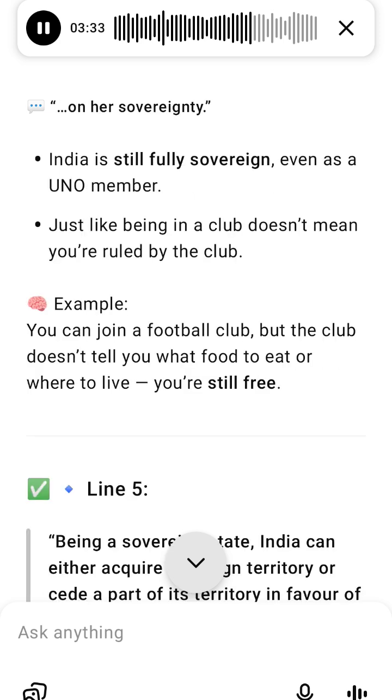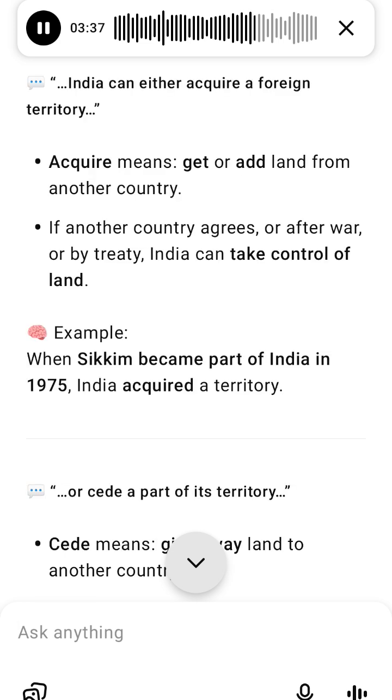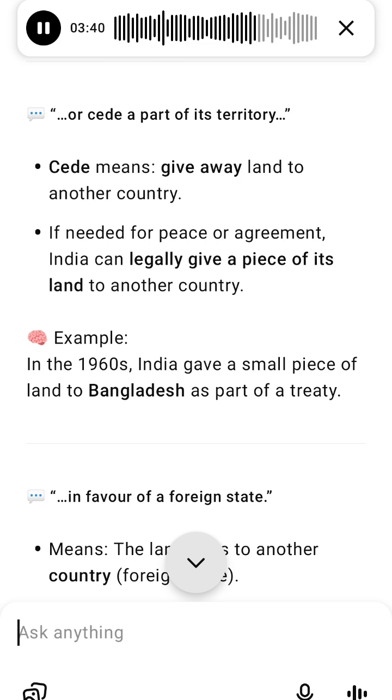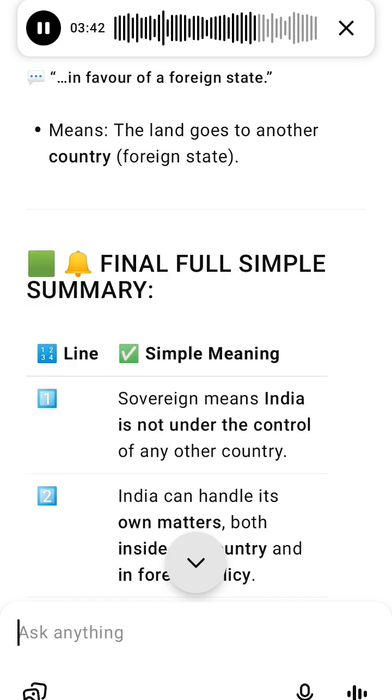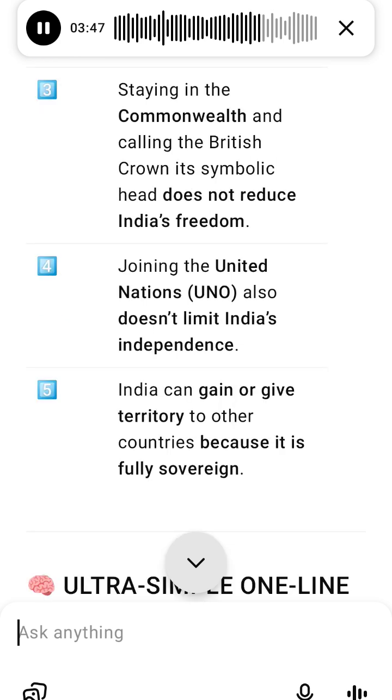Internal affairs: India can handle all its domestic, inside-the-country matters on its own, such as making laws, running courts and police, deciding education, taxes, jobs, religion, language policies, holding elections, protecting rights. External affairs: India is free in its relations with other countries, like making foreign policy, signing peace or trade agreements, making friends or breaking ties, declaring war or helping in peace efforts.